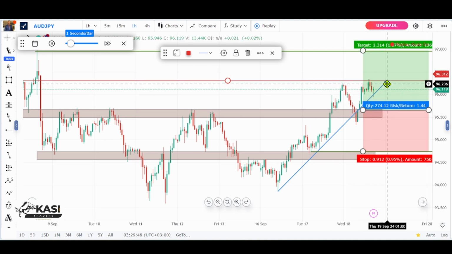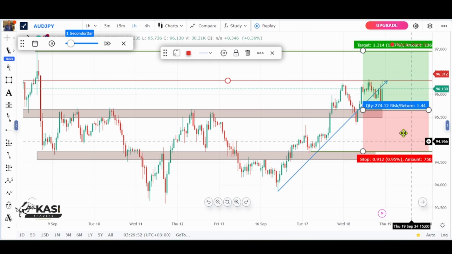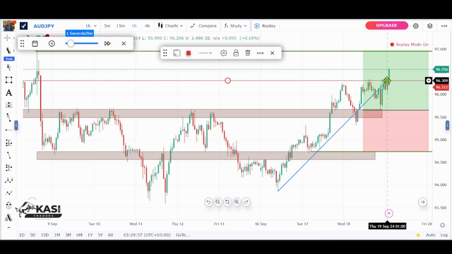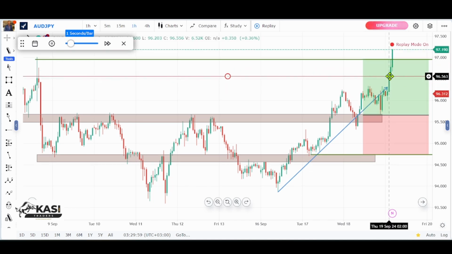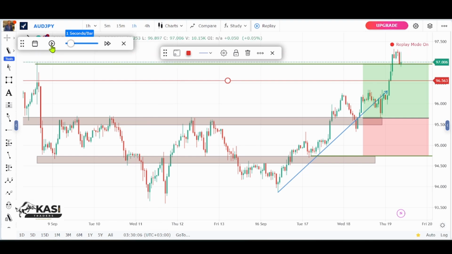This shows us that this market is in an uptrend. Boom, that's it. Our take profit is taken out. Now, these are my 3-step process that I normally use in almost every single trade that I take.